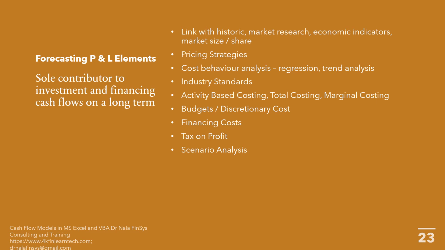There are two important cost elements which, though do not form part of the normal operating expenses, you have to consider. They are financing costs and the tax on profit. We also have to maintain that we always make a scenario analysis with reference to the major elements of income and expenses.